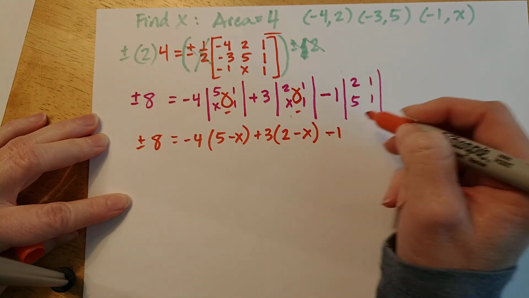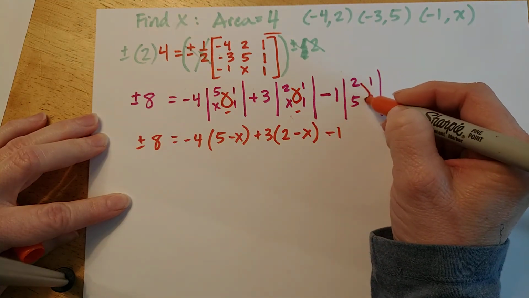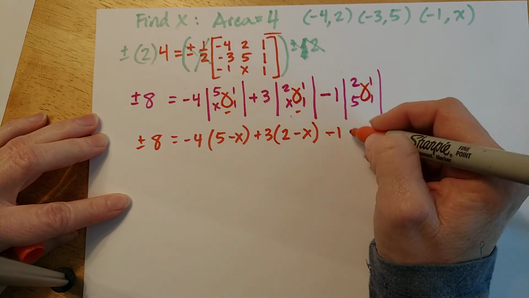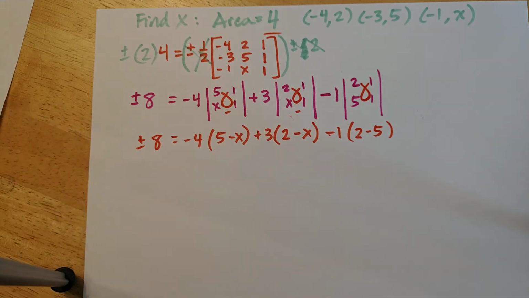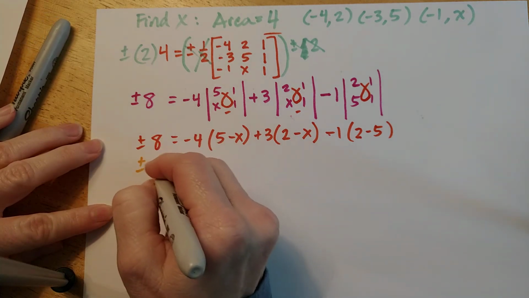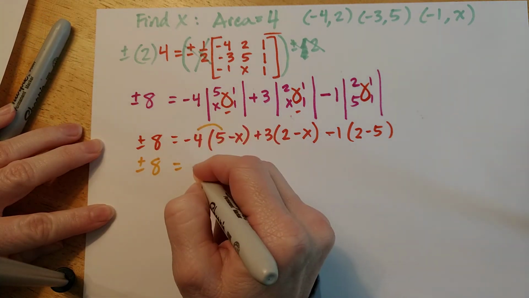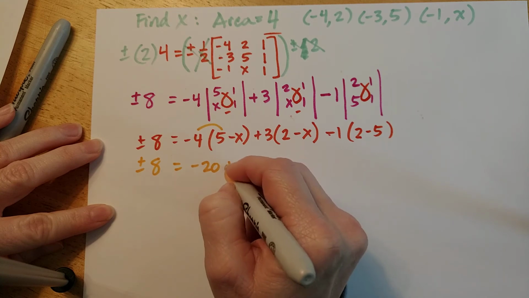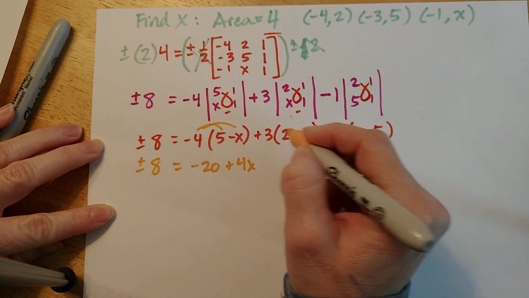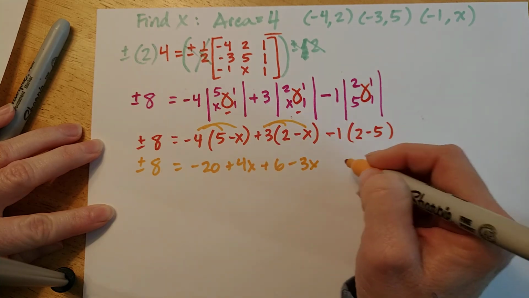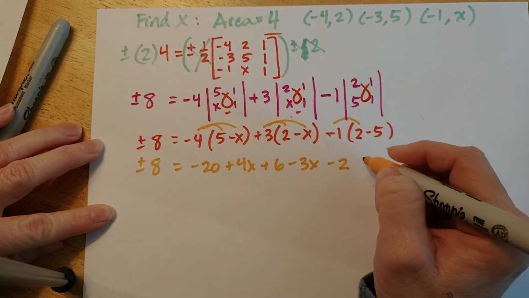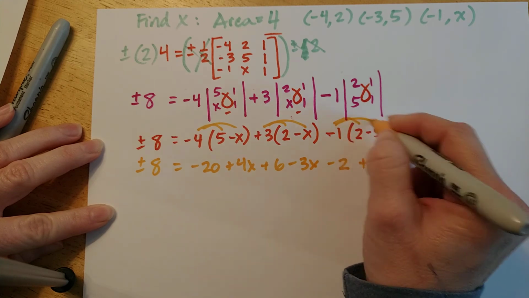All right, -1 times 2 times 1 minus 5 times 1. So we've got 2 minus 5. Okay, now let's go ahead and multiply these all out here. This is going to be plus or minus 8 equals negative 20 plus 4x. This is 6 minus 3x. This is negative 2 plus 5.